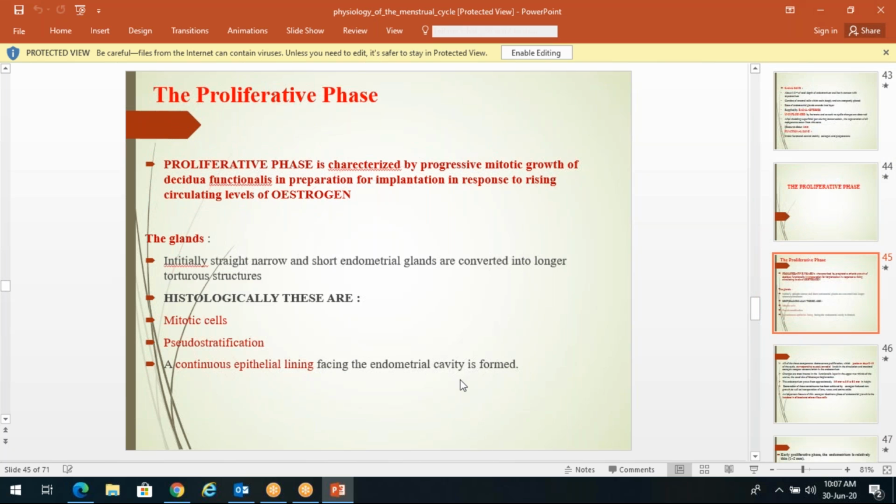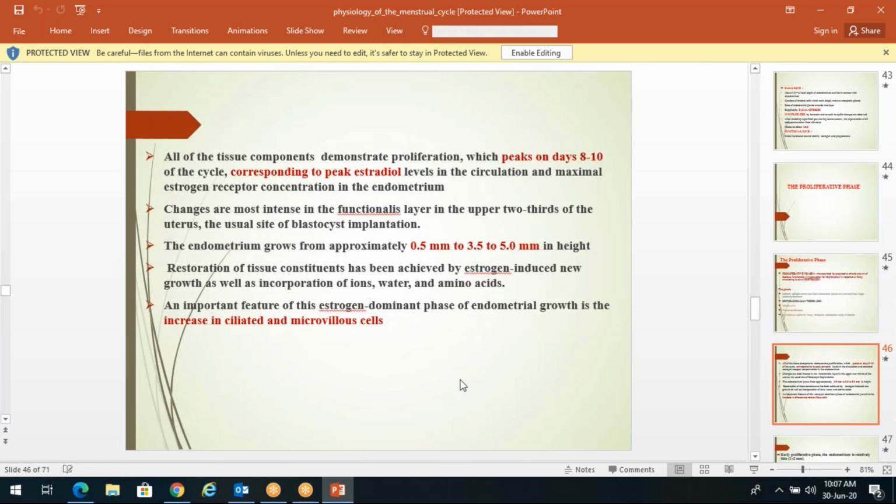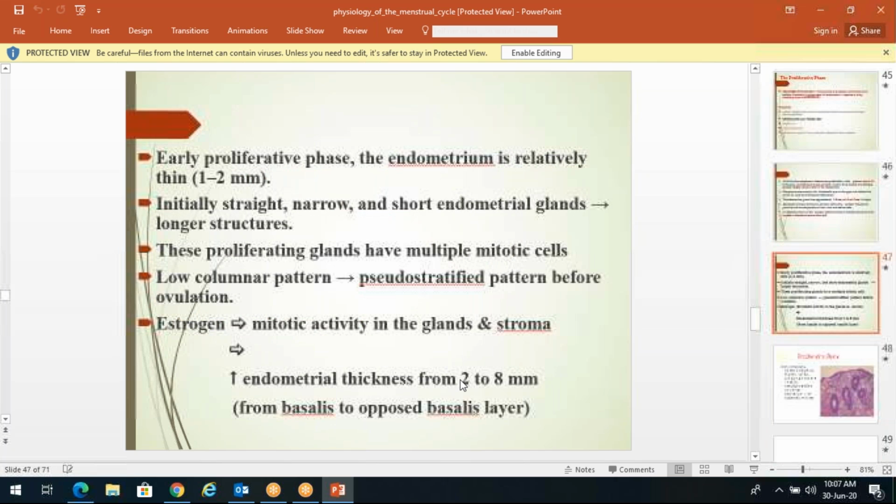So what happens in the proliferative phase? It is characterized by development of deciduum functionalis in preparation for implantation in response to the rising levels of estrogen. In the early proliferative phase, the endometrium is relatively thin, around 1 to 2 mm.